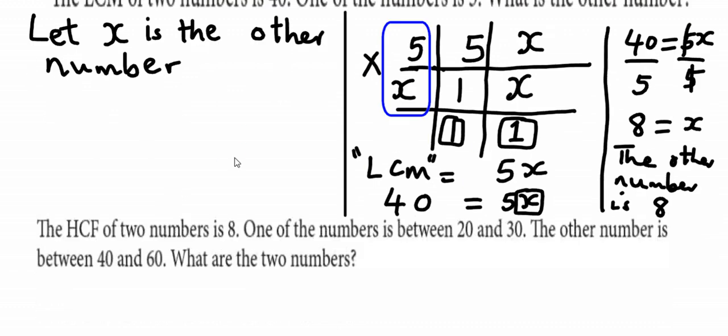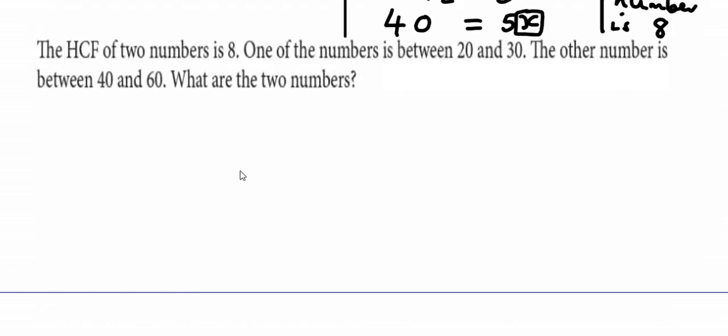Correct. So let us move on. Now this time they are talking about the HCF of two numbers. We discussed the HCF previously, and we had 3 methods on how to find HCF. I will choose only one method, and we are good to go.